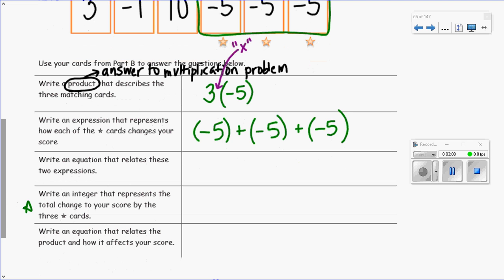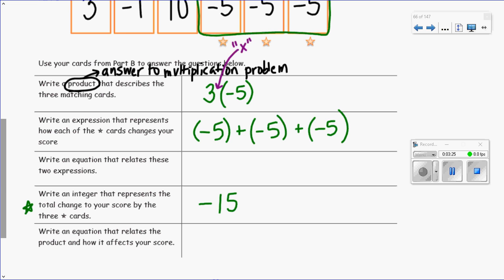So write an integer that represents the total change. How did our score change? If you go to the left 5 times, and then another 5 times, and then another 5 times, what's your overall change? You went to the left 15 units, so -15.